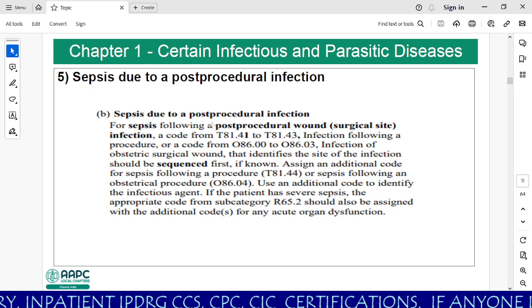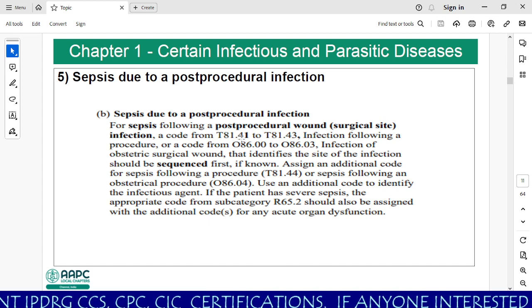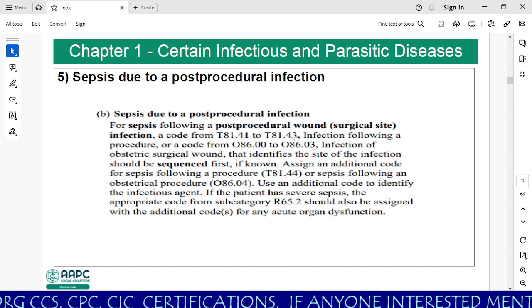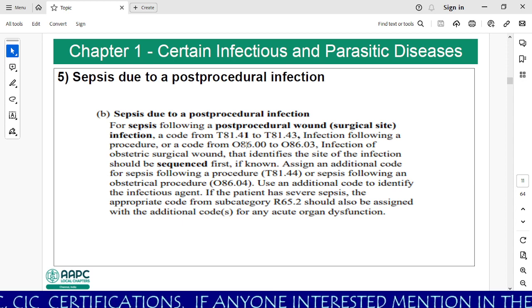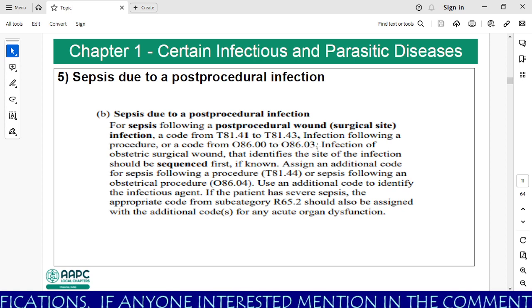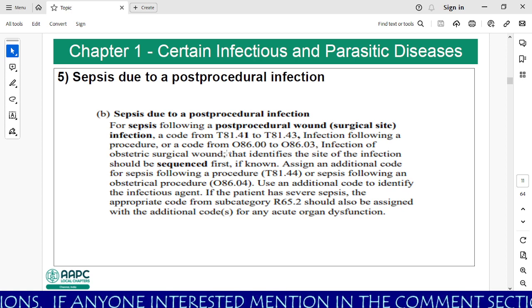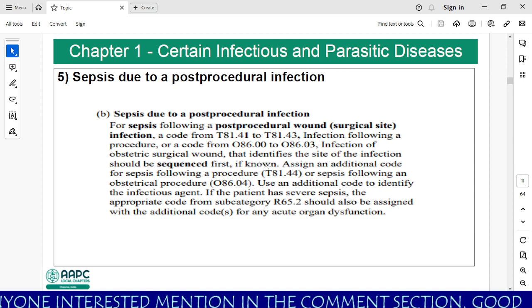For sepsis following a post-procedural wound infection, we need to code T81.41 to T81.43, infection following a procedure, or a code from O86.00 to O86.03, infection of obstetrical surgical wound, that identifies the site of the infection, which should be sequenced first if known.